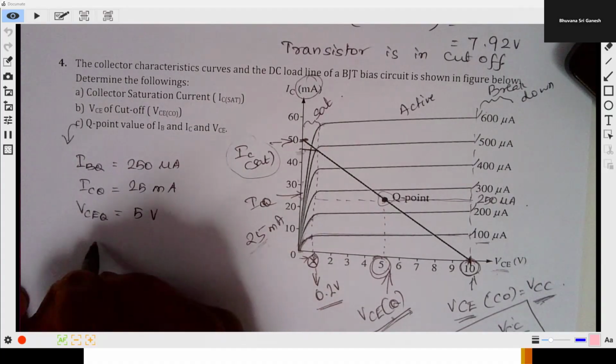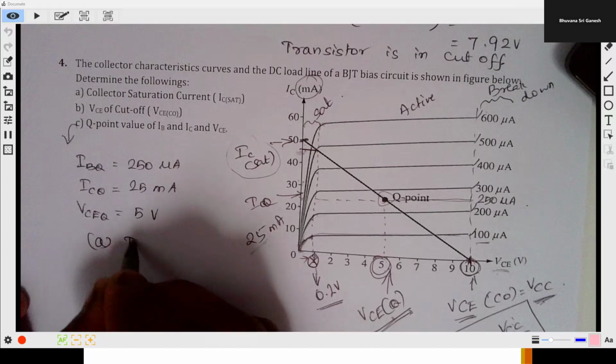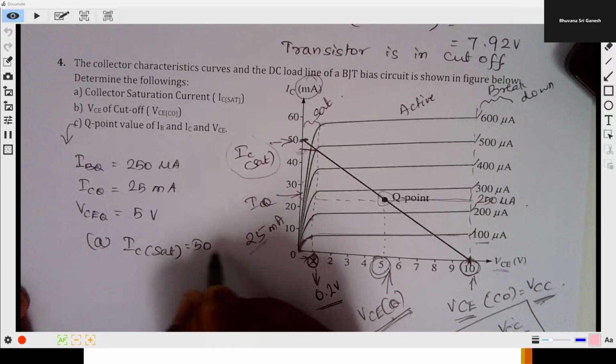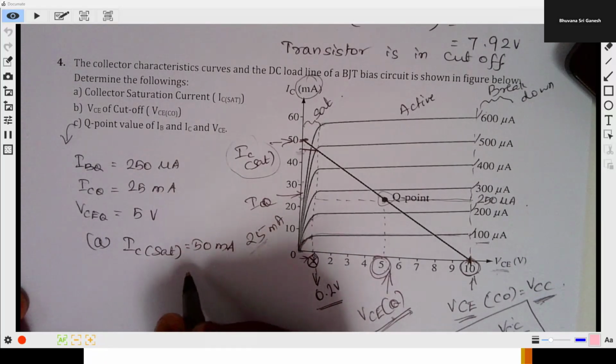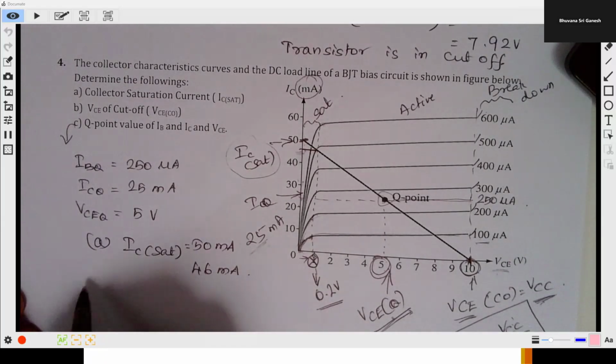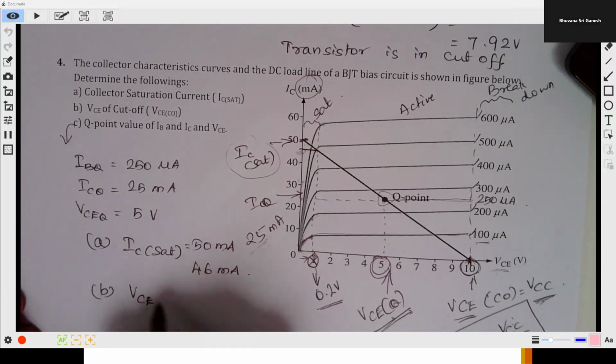So for subdivision A, we can say IC saturation equals 50 milliamperes, or more precisely 46 milliamperes.